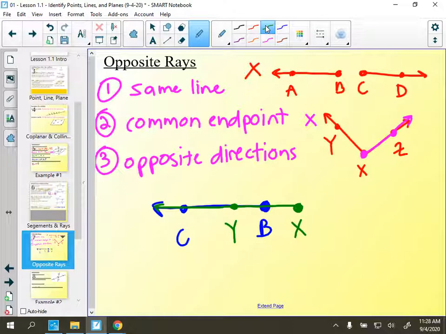Okay, they're actually going the same direction, right? They are on the same line, because we could extend this and that would be the same line. They also miss the criteria of a common endpoint. Okay, so I just wanted you to see a couple examples of some that are not. Sometimes it's helpful to see the non-opposite rays to illustrate what an opposite ray actually is.